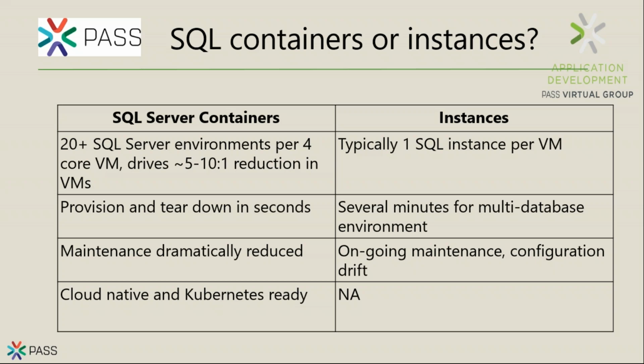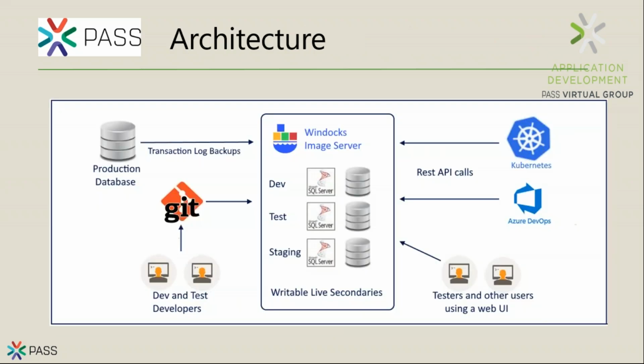Maintenance is reduced, and of course, they are cloud native and Kubernetes ready. So there's a number of benefits to be had with SQL Server containers compared to what are essentially fixed instances. And that will be our focus in the demos and our use cases today.